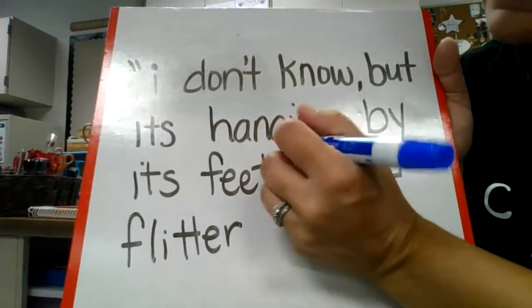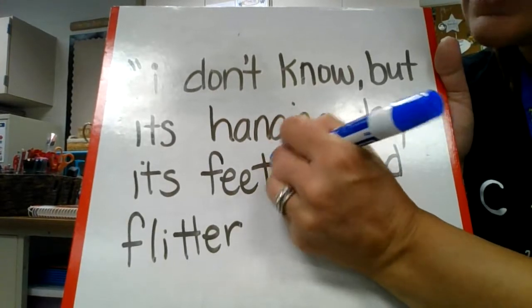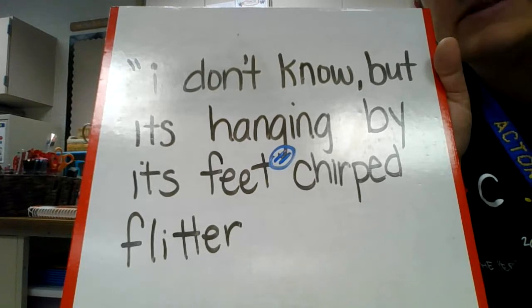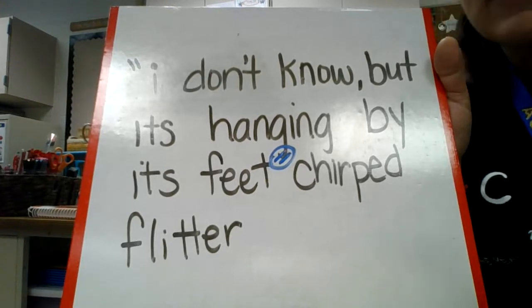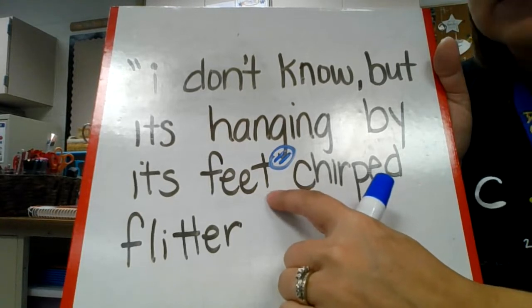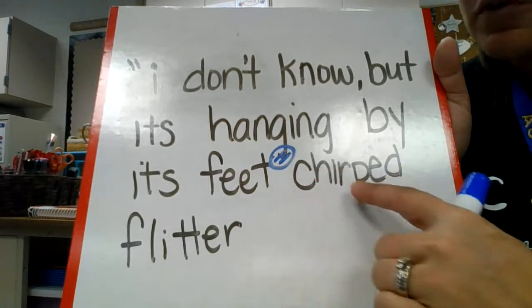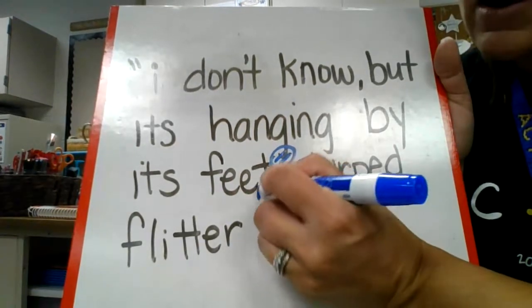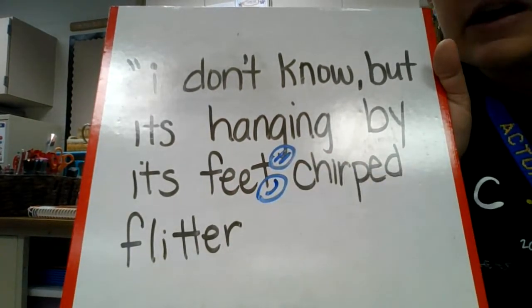So the end of our quotation mark should go at the end of feet, because that's where he's done talking. Now, do you guys remember there's something missing here? What else has to go after feet before we can start talking about who is doing the talking? A comma.